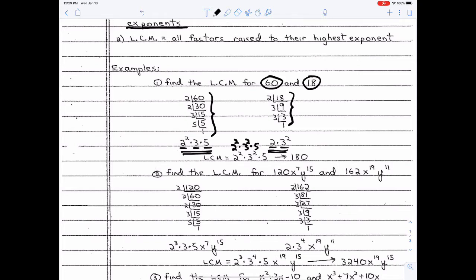Okay? And the first one is the only one with a 5, so it's 5 to the first. So that is the common denominator, 2 squared times 3 squared times 5. Now, how you finish off the rest of this problem, we'll get to in a little bit. Okay? But that's how you find the common denominator. Again, unless it's a really simple problem and you just look at it and kind of know what it is.